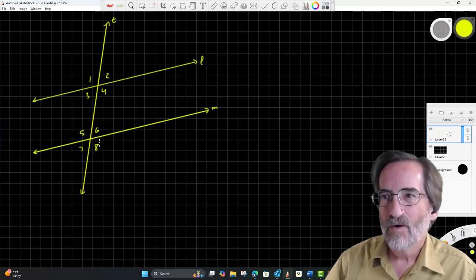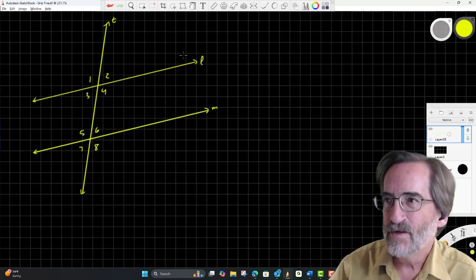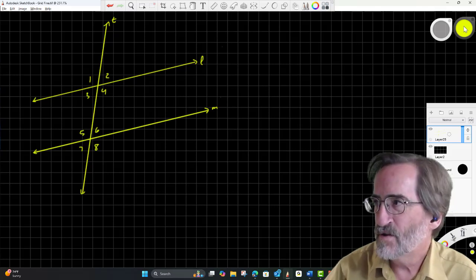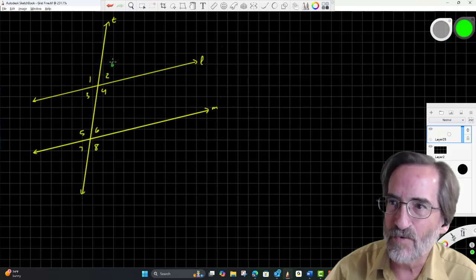What's more is certain angles will come out as congruent. Let's say, for example, that angle 2 measures 60 degrees. Then you'll find that angle 3 also measures 60 degrees.